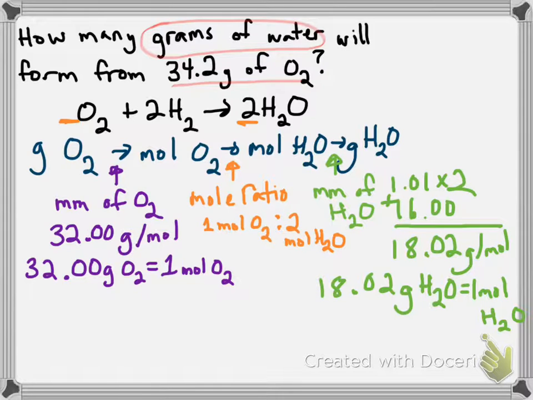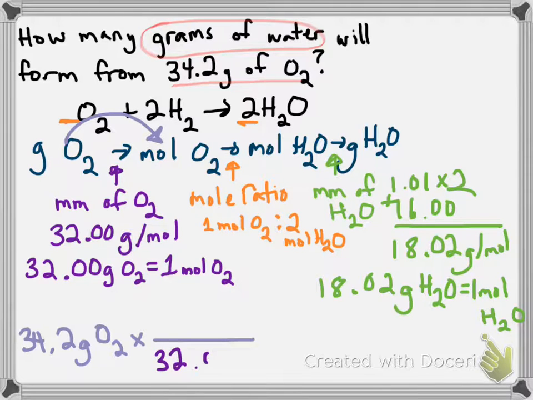I'm going to start with my given. So that's 34.2 grams of oxygen. The first step I need to do is go from grams of oxygen to moles of oxygen. So that's my purple conversion factor. Since I'm converting from grams, I'm going to put my grams on the bottom.